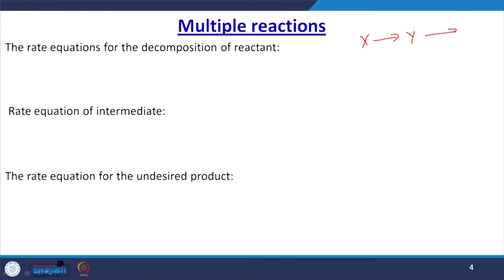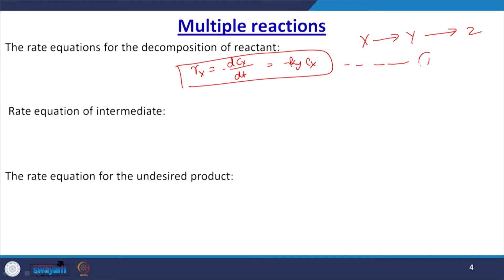Now let us talk about the rate equations which we discussed in this slide. The rate equation for the decomposition of reactant X can be written as Rx is equal to dCx/dt is equal to minus kx Cx. This may be termed equation number 1.